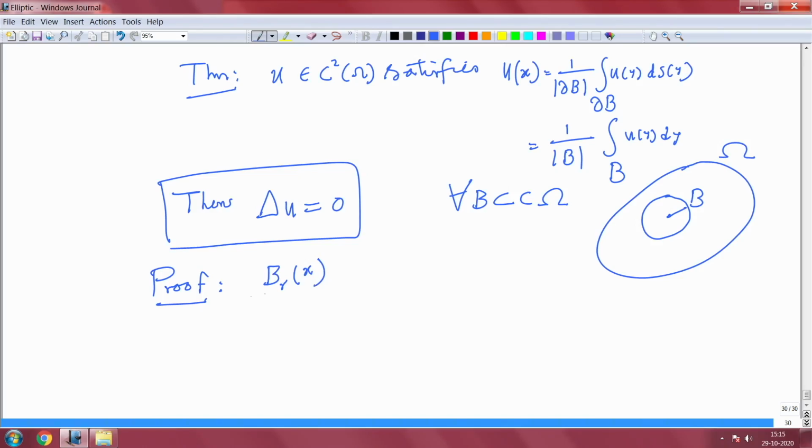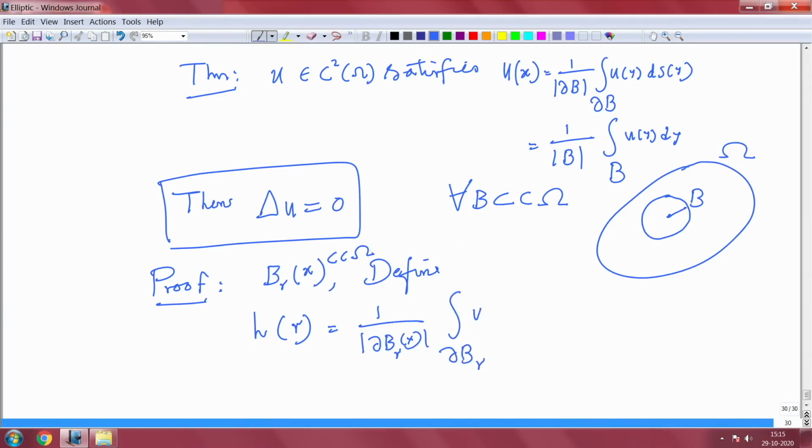Define a function h(r) equal to the average over the boundary of B_r(x) of u ds, where B_r(x) is compactly contained in omega.